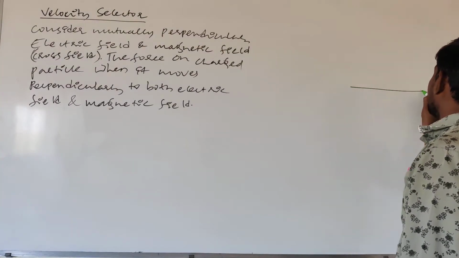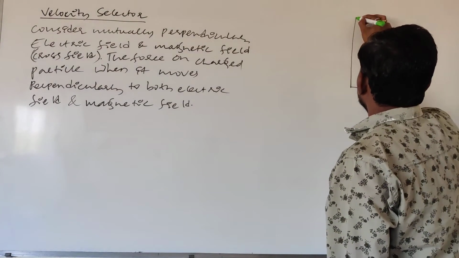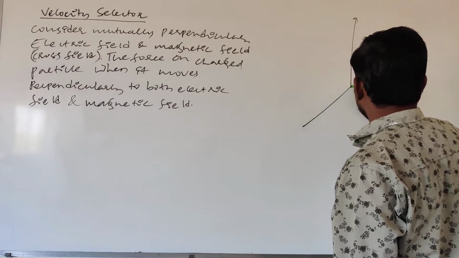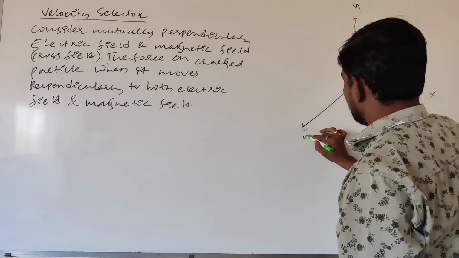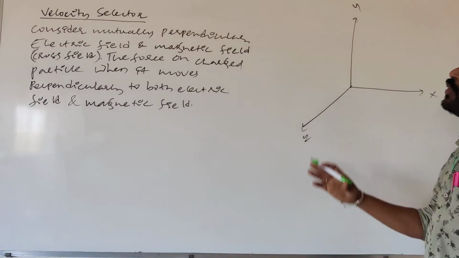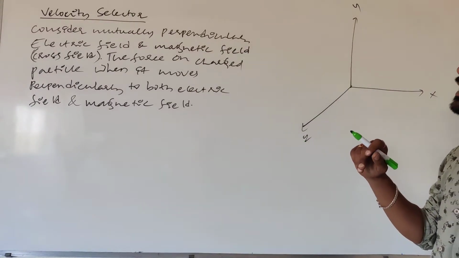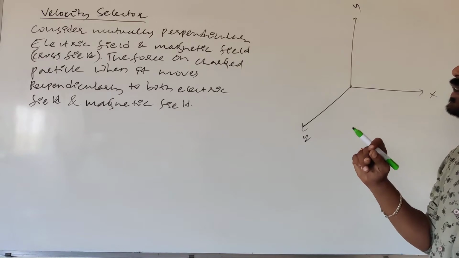I am going to take like this. So this is x, this is y, this is z. So mutually perpendicular electric field and magnetic field.